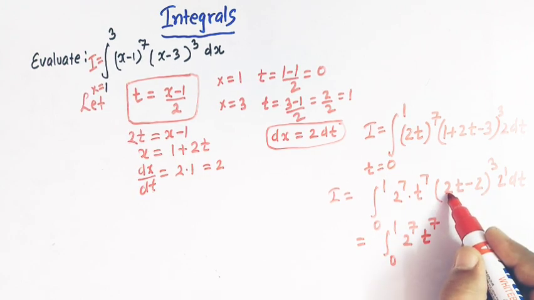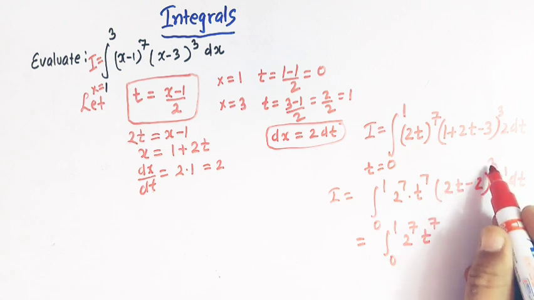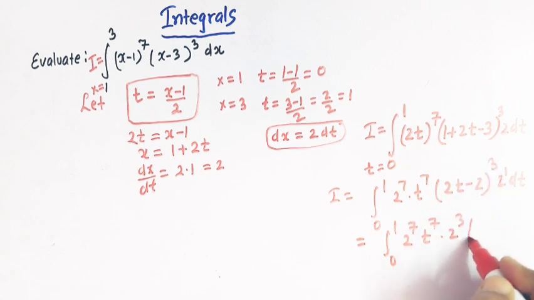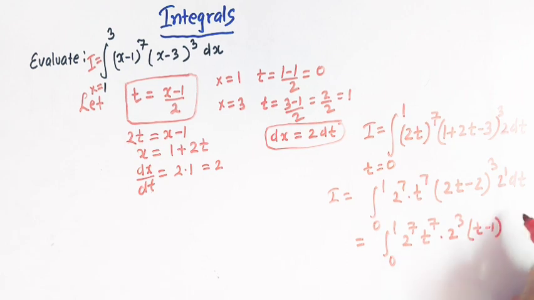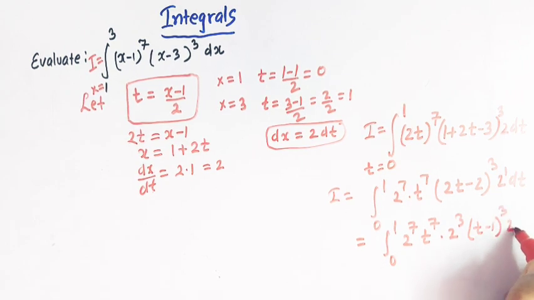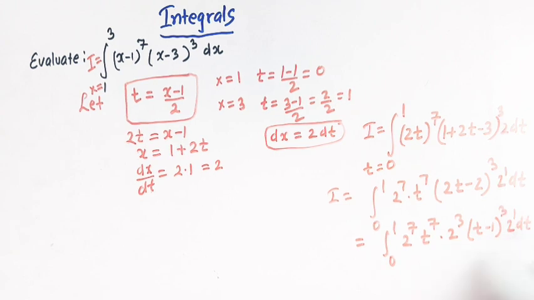When we take 2 common, we have 2 raised to 3, (t minus 1) raised to 3, and 2 raised to 1, dt.